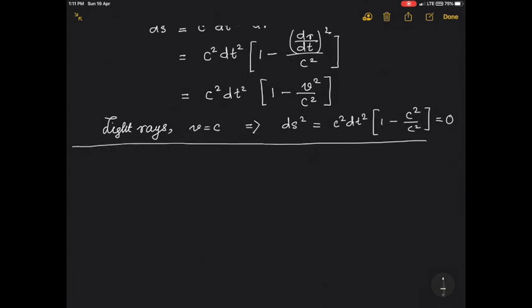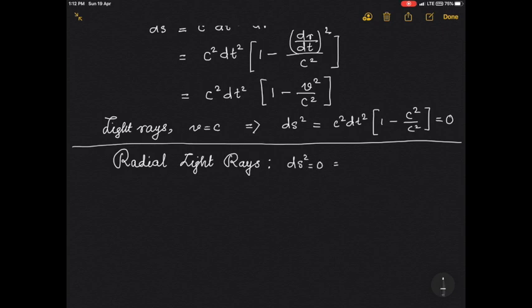So what have we learned? Doing all these radial light rays, ds square is 0, which implies c square dt square minus dr square equals 0.